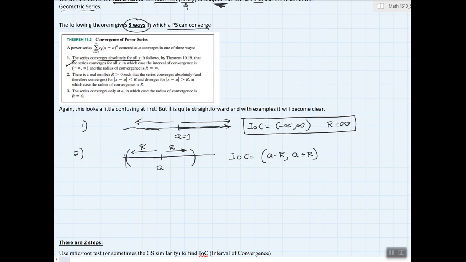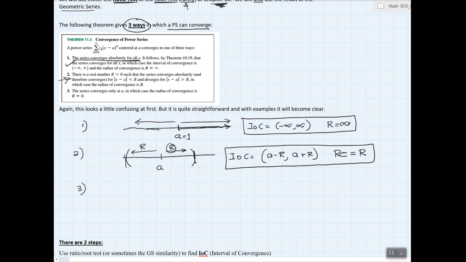So from here to here we have convergence, and in that case your radius of convergence is r, whatever this distance is to this point. So that's what he's explaining here.